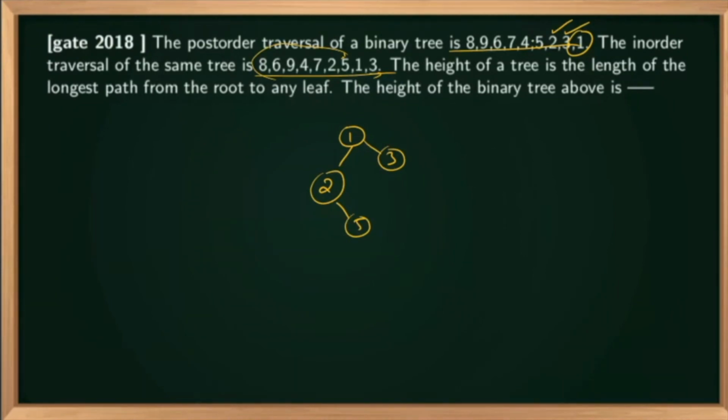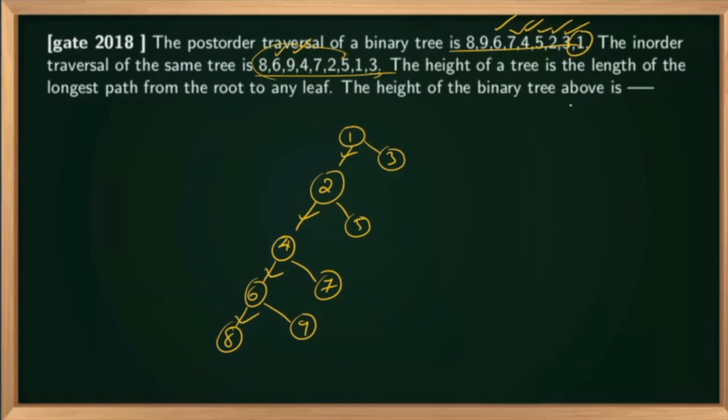Now if you leave this 5 and take the 4, 4 will be here. And on the right side you have 7 only. So you can leave this 7, and then you're seeing 6, so the left side is 6. Now if you come here to 6, you have only 9 on the right side, so this is 9, and now you have only 8, that is here. So here the height is 1, 2, 3, 4. So the height of the tree is 4.